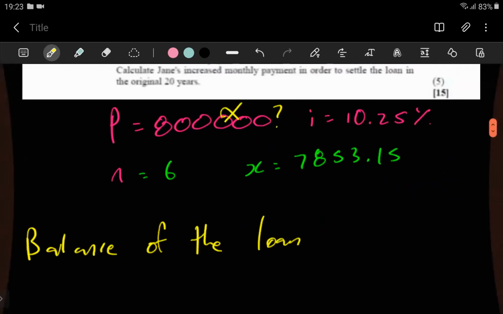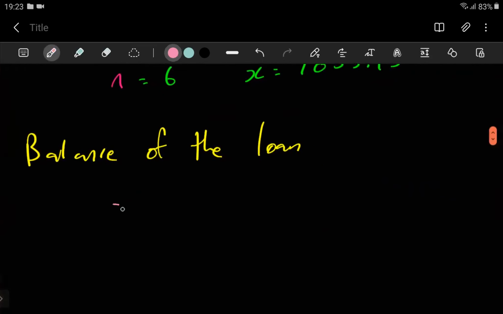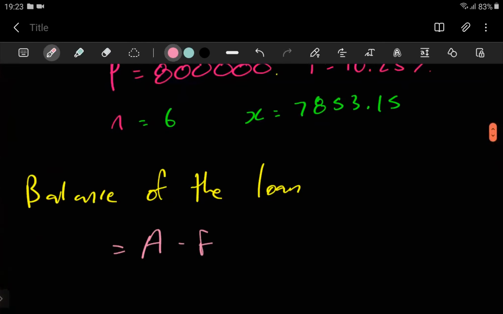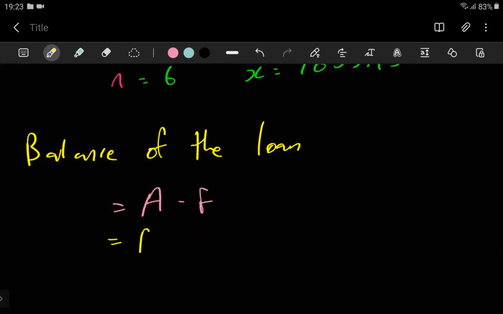So if we're going to work out the balance on a loan, remember the equation is just A minus F. And we have to keep in mind that A will be the compound interest formula: A is equal to P(1 + i)^n.